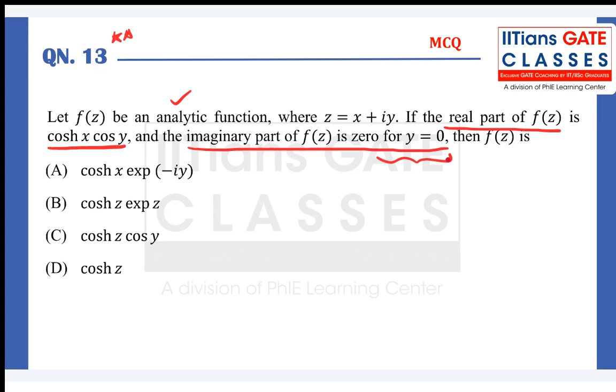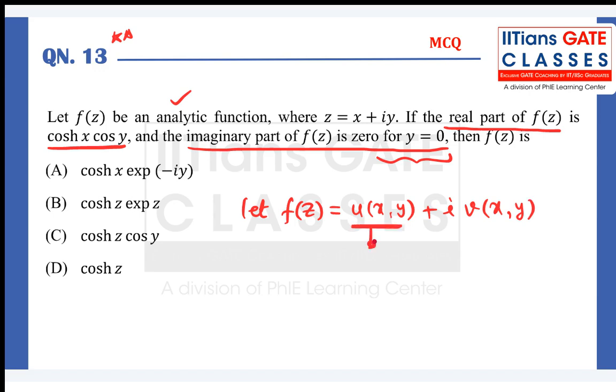We have done similar questions multiple times in complex variable classes. Basically, for an analytic function, let's say your f of z is some u, which is a function of x y, plus i into v of x y. This is a standard procedure that we do. Here they have given the real part, which is u, directly.